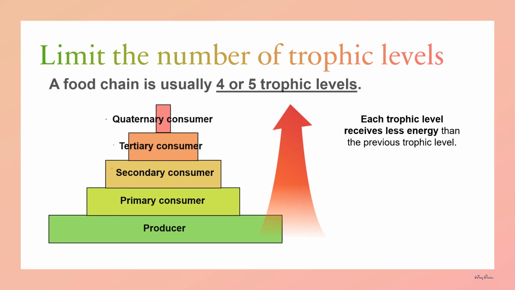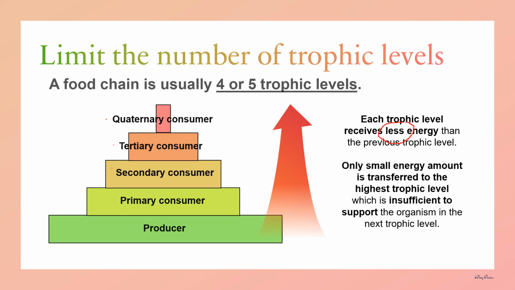That means the upper level receives less energy than the previous one. The reason is because only 10% of energy is transferred to the next level, and this makes the energy found in the higher level very low in quantity, and unable to support another level in that ecosystem.